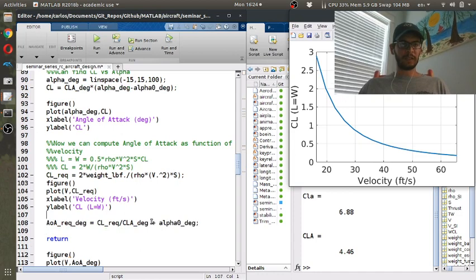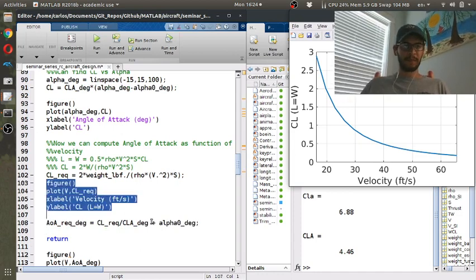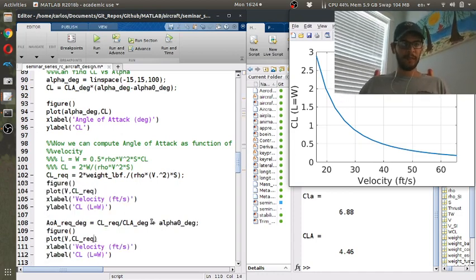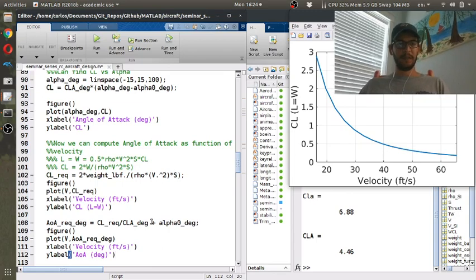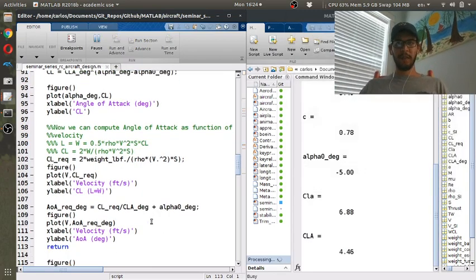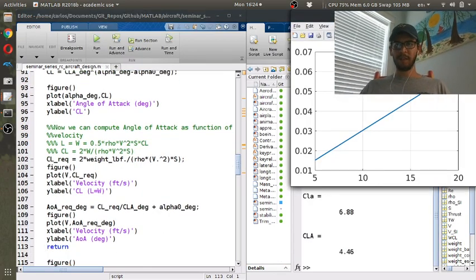And then we can just copy this here and then do V comma AOA required degree, and then change X label Y label to AOA in degrees. And then do I have a return? Cool. So then this should be my 5th figure.